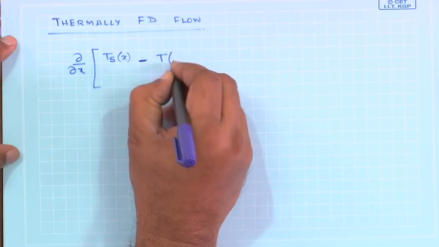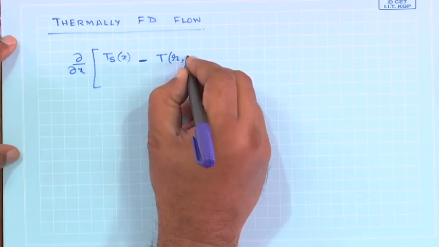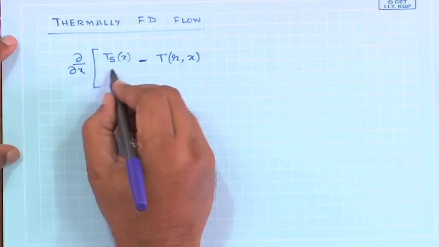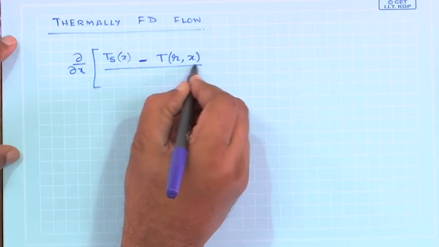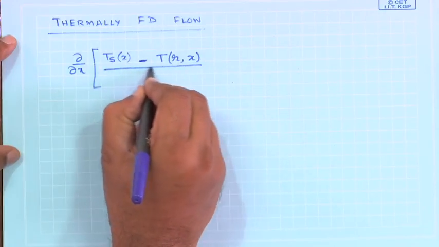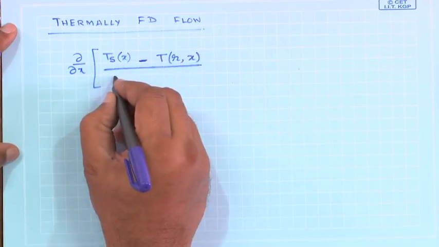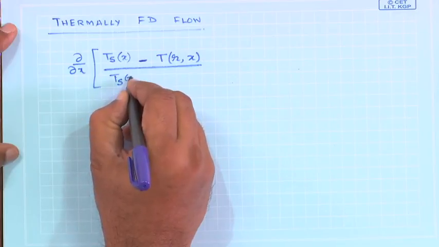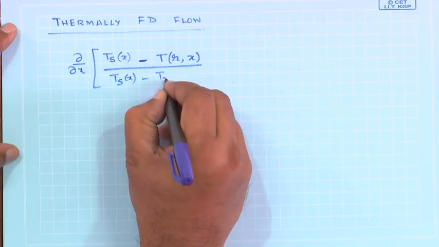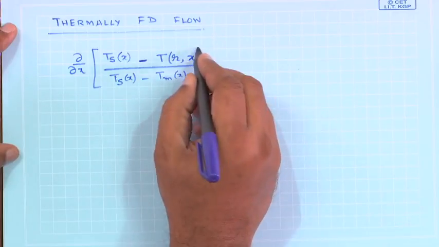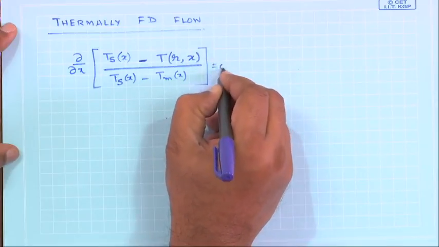T is a function of r, and it could also be a function of x, since in thermal cases the temperature will always change. Tm is also a function of x. So, this becomes equal to 0.